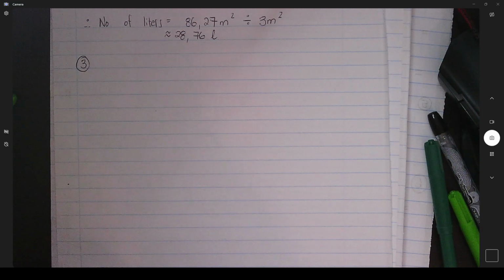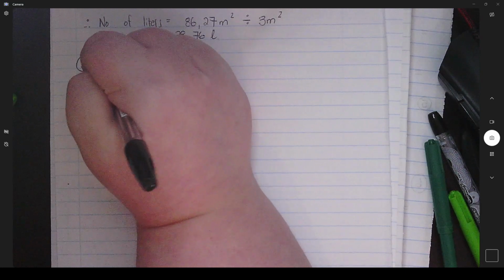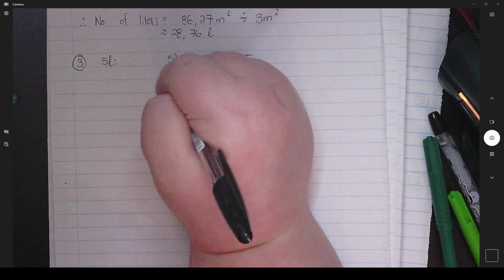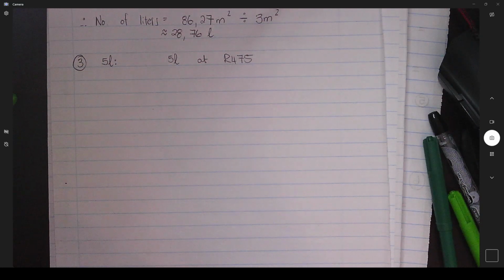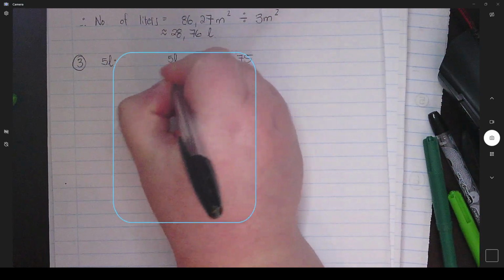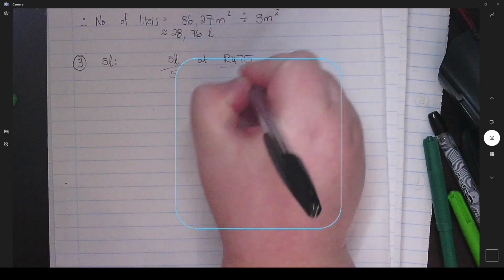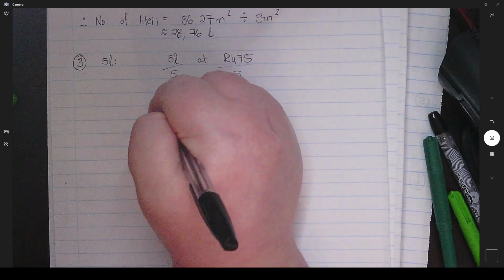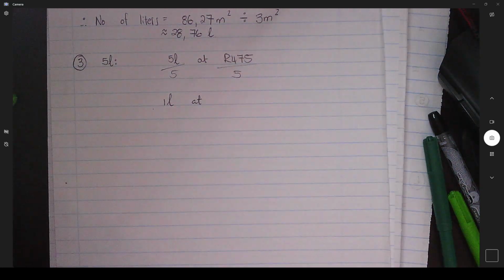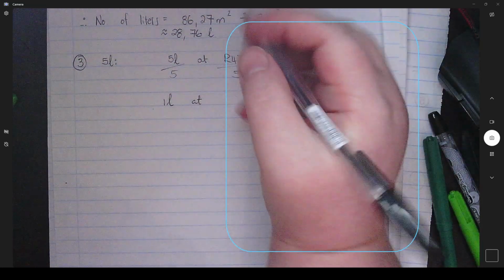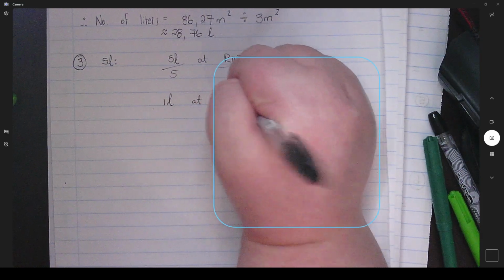In the next question, they're asking you to determine the tin size of paint that is cheapest per liter. So first I'm going to work with the 5 liter tin. It is 5 liters at 475 Rand. So I'm going to work out the cost per liter. I'm going to divide by 5 and divide by 5 to get 1 liter at 95 Rand.